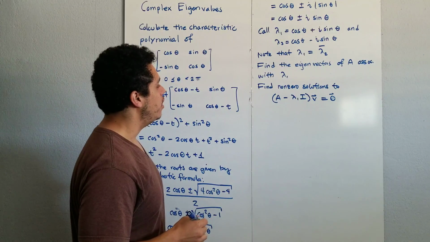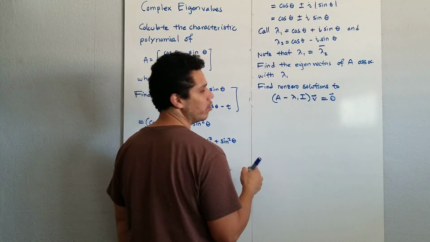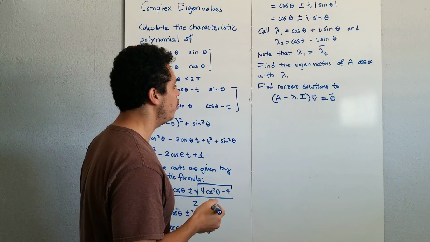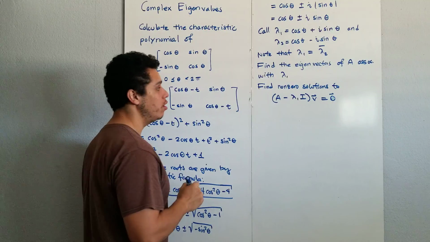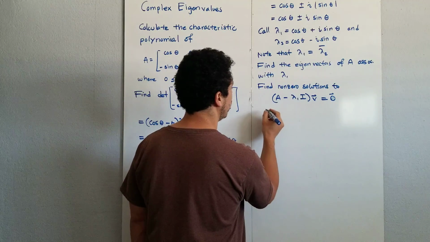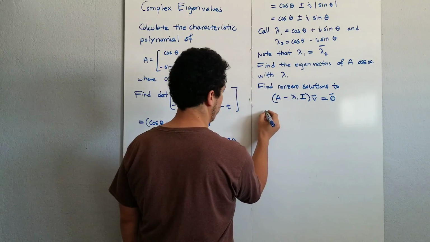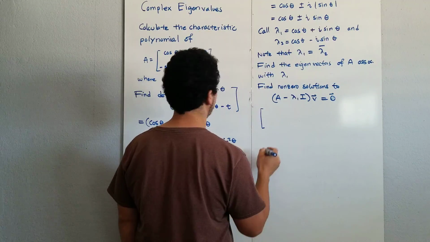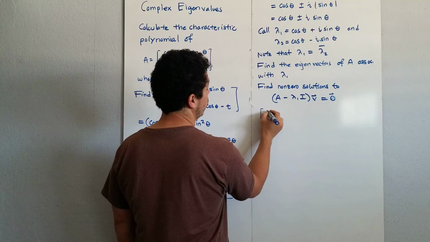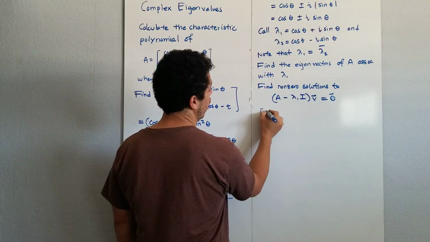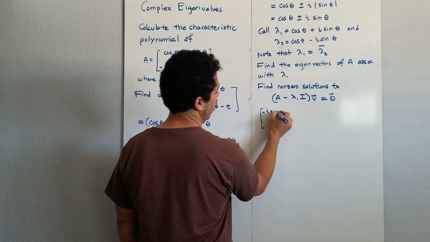Okay, well, let's expand this. What does this mean? Well, I have to rely on Gaussian elimination as usual to determine a basis for the null space associated with this equation. So in this case, we will have the following augmented matrix. So we'll have i, negative sine theta.